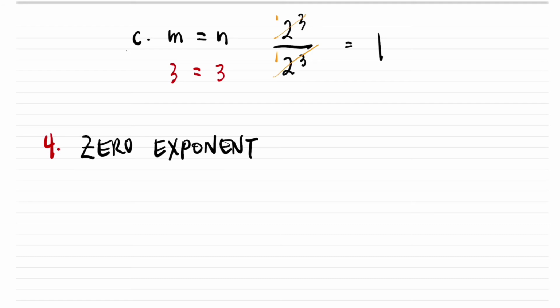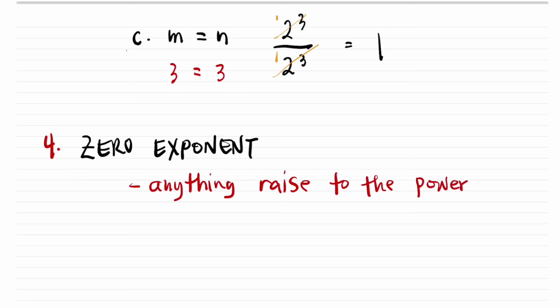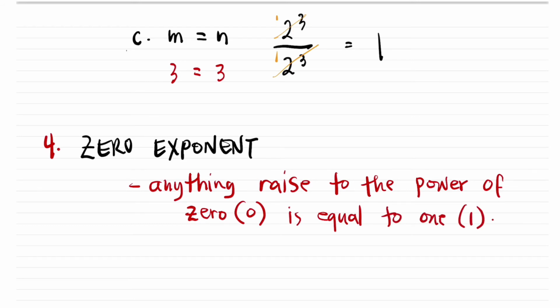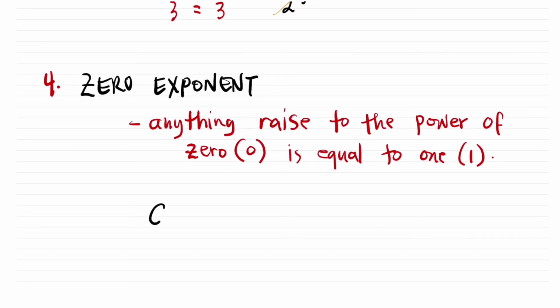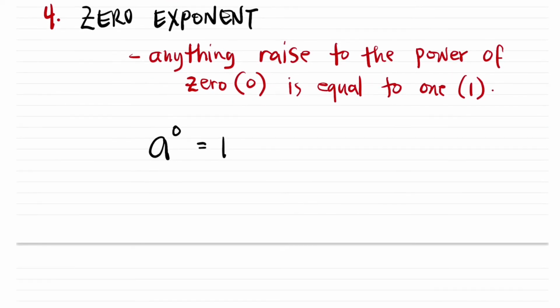You have to understand that anything raised to the power of 0 is equal to 1. Anything that is raised to the power of 0, the answer is always equal to 1. The pattern is a to the power of 0 is equal to 1.